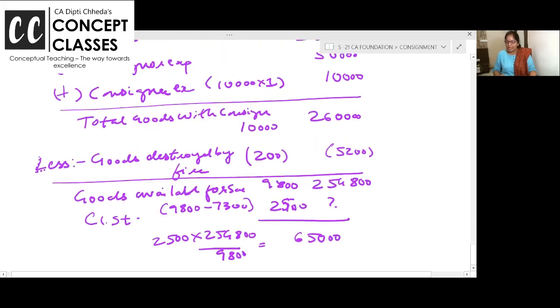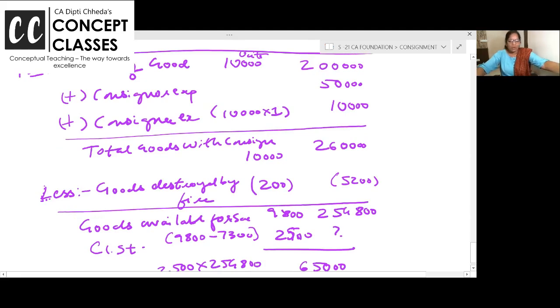See, values may come different, but the flow is clear or not? Consigner का expense, consignee का expense, both you have taken, and then you are valuing the closing stock.